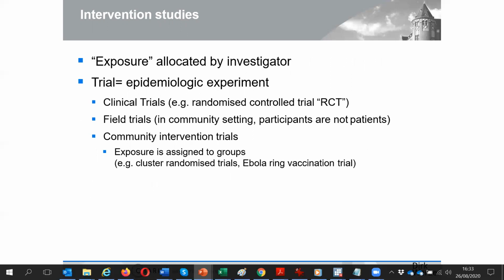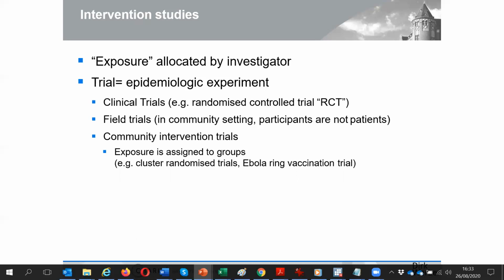The difference between observational and experimental studies is that in experimental studies, the investigator allocates the exposure, but for observational studies, there's no allocation. Most interventional studies are called trials. I think we've heard this word where we discussed examples of randomized clinical trials. We have field trials, and we have community intervention trials.